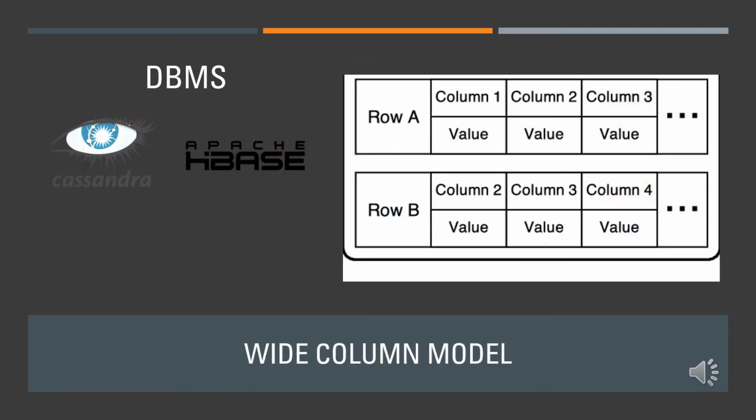The third type of non-relational database is the wide column model. This model is quite special. It's a sort of mix between key value databases and relational databases. It's a column-oriented but non-relational database. This model uses key spaces instead of tables.